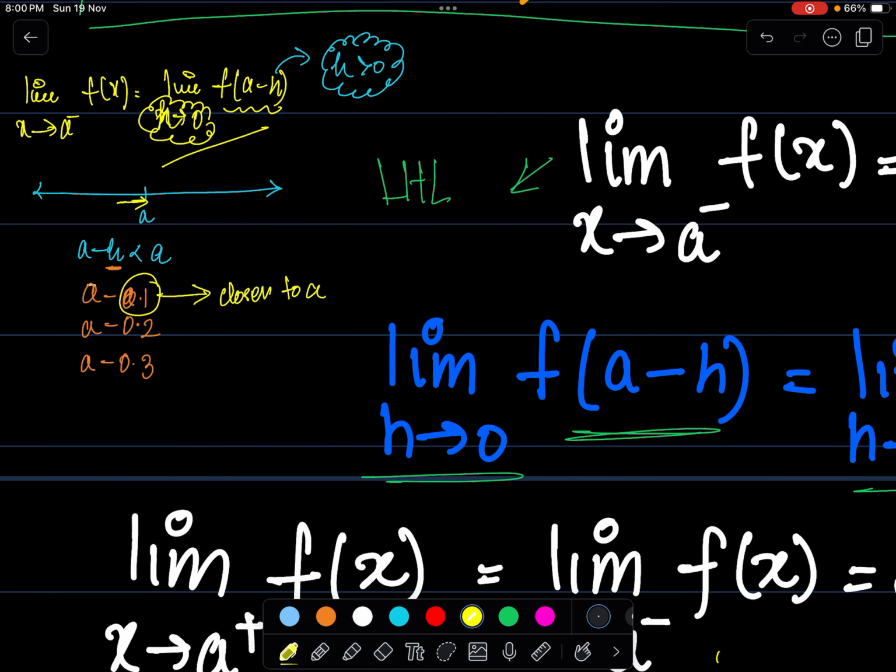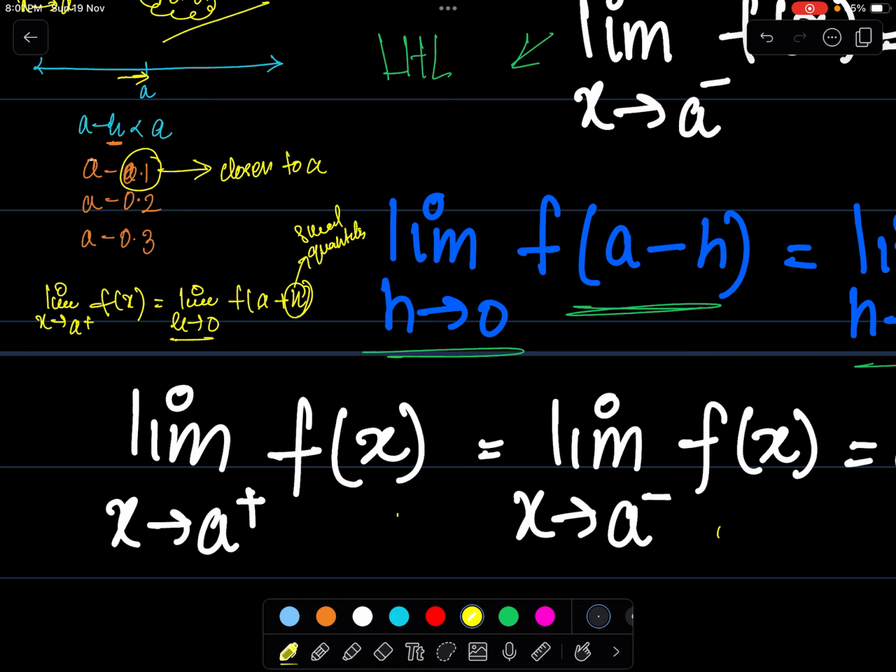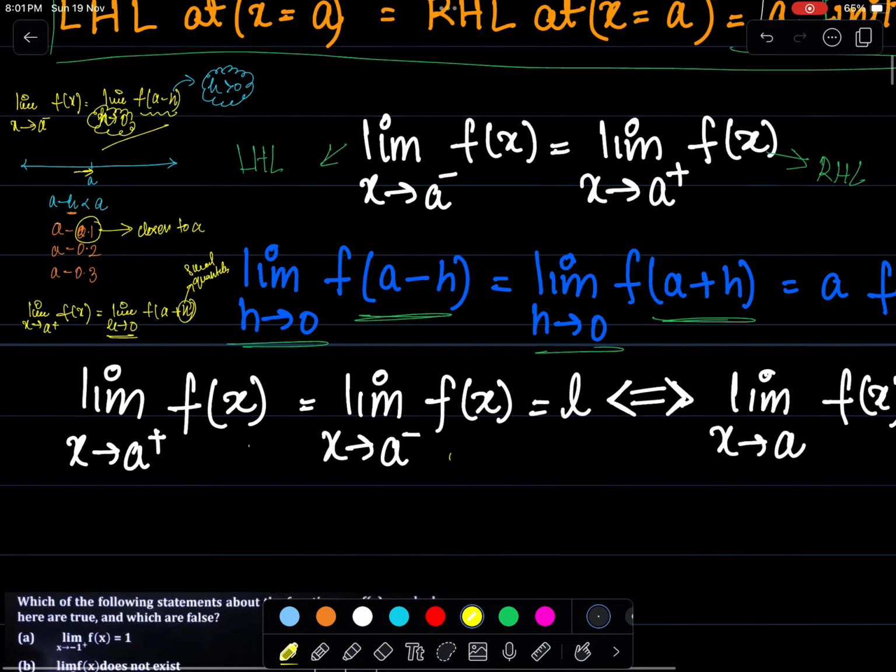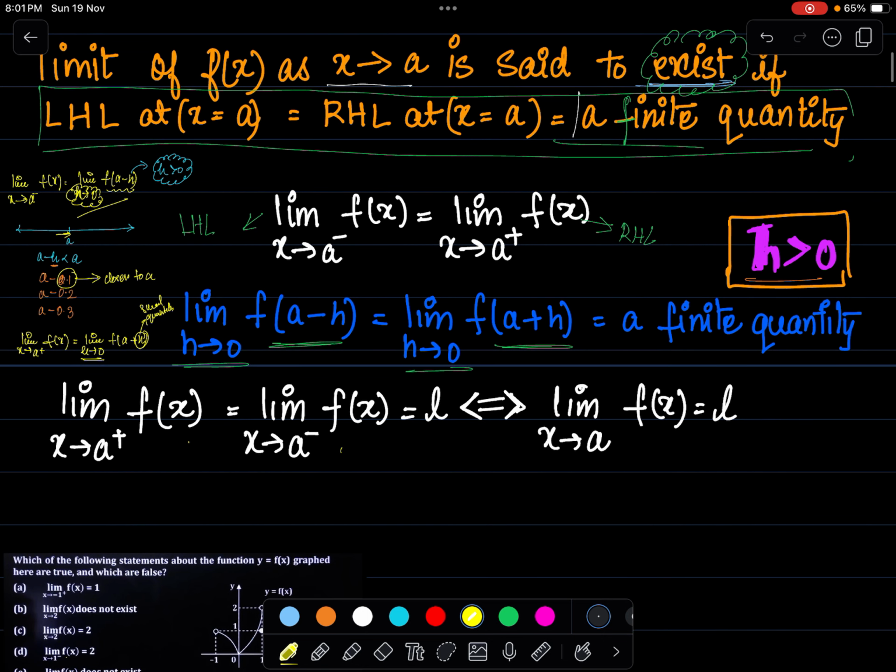Similarly, on the right hand side, we write limit x tends to a plus f of x as limit h tends to 0 f of a plus h. Again here, when a very small quantity is added to a, it is going to be very close to a, and I am making sure by putting limit h tends to 0. So I have just rewritten the left hand and right hand limit. This is useful while solving problems.